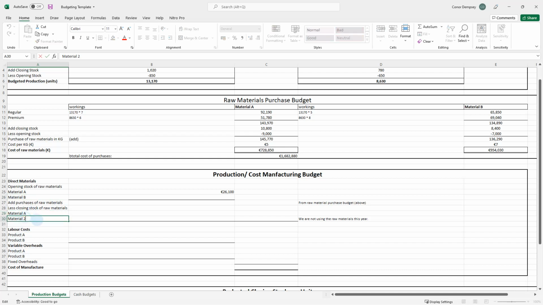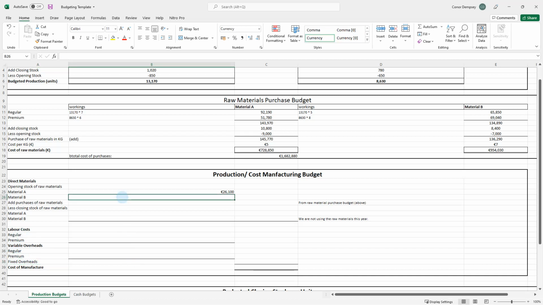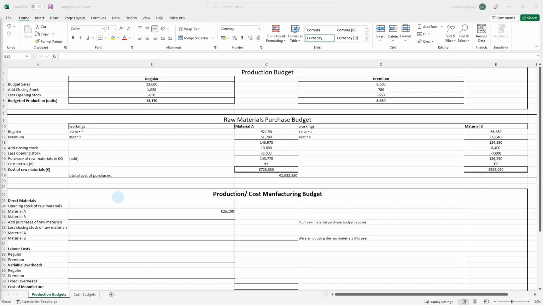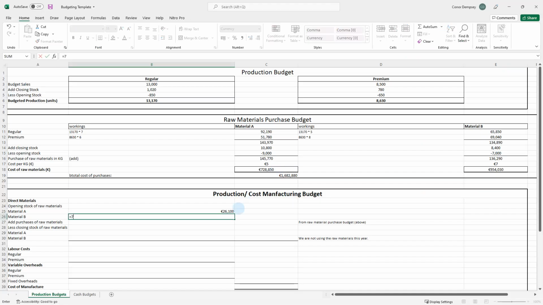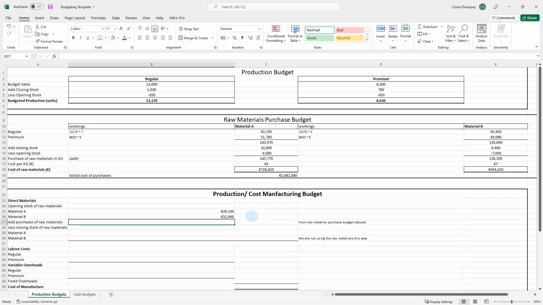A and B. When we are talking about product A and B, it's going to be regular and premium. So material B is going to be opening stock 7,000 at 470, which is €32,900, perfect.